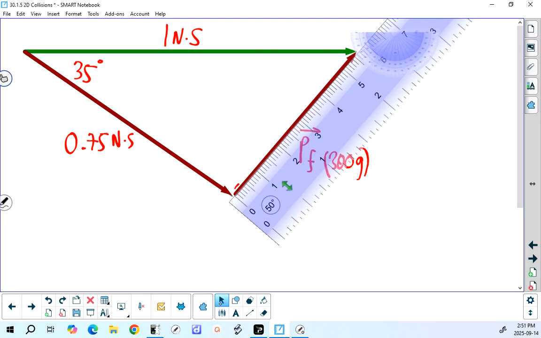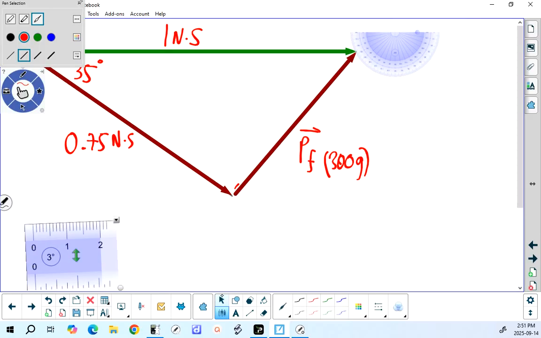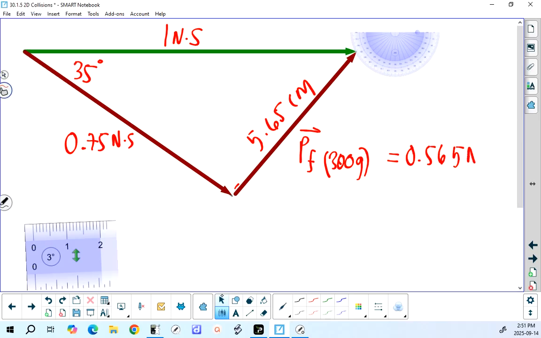And it's looking like 5.65 centimeters, roughly, which translates to 0.565 Newton seconds.